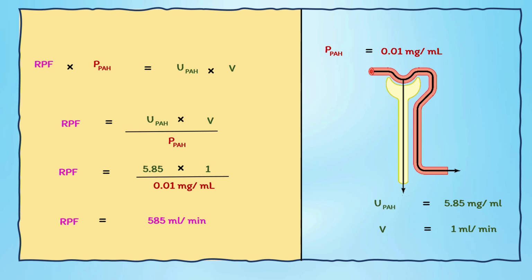In diseased kidneys, this extraction ratio may be reduced because of the inability of damaged tubules to secrete para-aminohippuric acid into the tubular fluid.